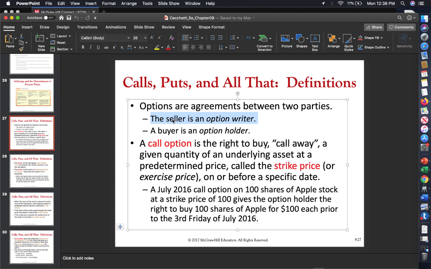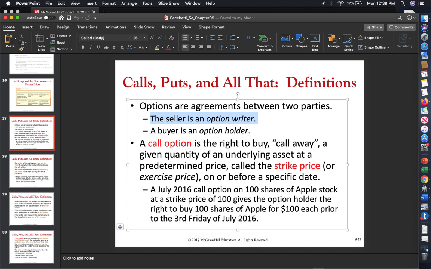Now, when it's a put option, it would be the other way around. You would only execute your right to sell the stocks at the price of $100 to the option writer if the price in the market is less than $100. So if the price of the Apple stocks in the market were $95, for example, then, as the holder of a put option, you would sell the 100 shares at the price of $100 to the option writer who sold you that option.